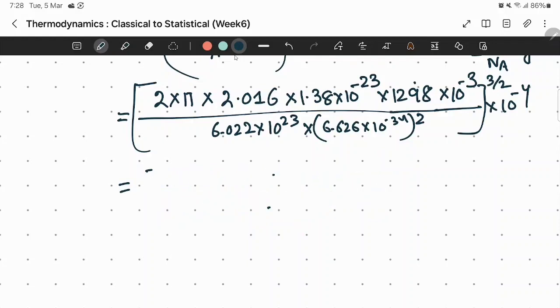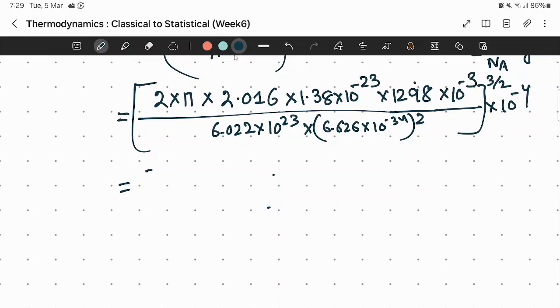So let me do it in the calculator. 2 pi into 2.016 into 1.38 into 10 to the power minus 23 into 1298 into 10 to the power minus 3, divided by 6.022 into 10 to the power 23, 10 to the power minus 4 squared. And now this to the power, what is it?